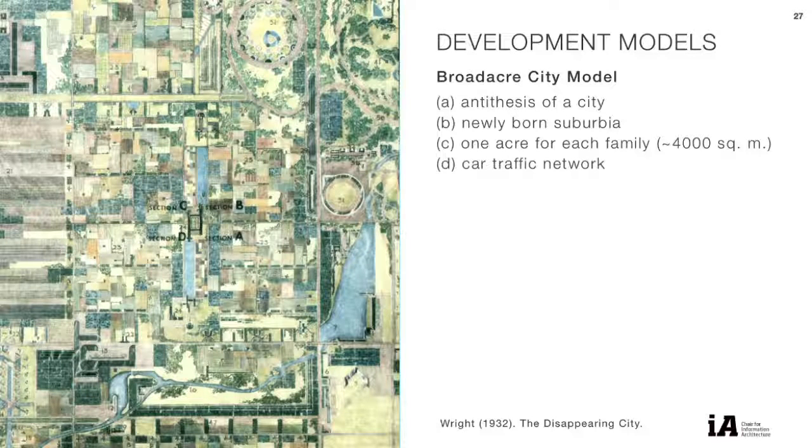But it was really interesting because it was one of the modernist answers to a city system. And in the modernist age, the car traffic network was the solution for everything, without knowing all the other effects that it had.